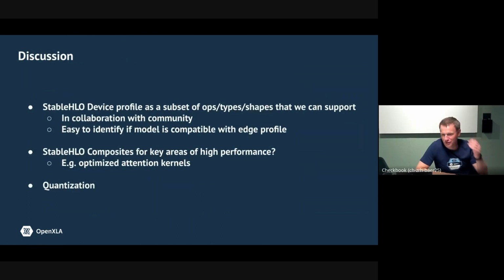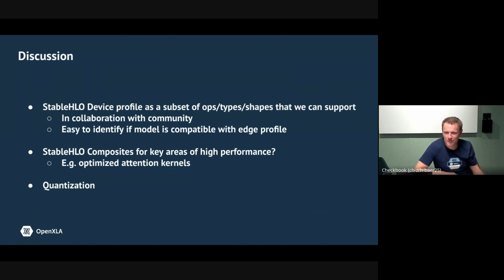Yeah, so the sort of things we're looking at in terms of possible future evolutions, these are three things. One is one that I'd be interested to get feedback on.